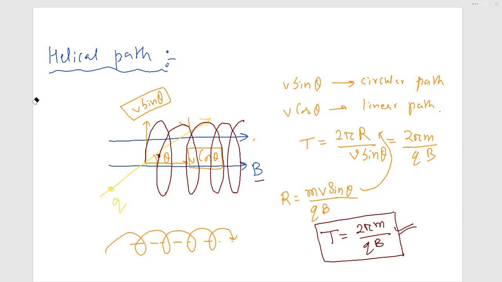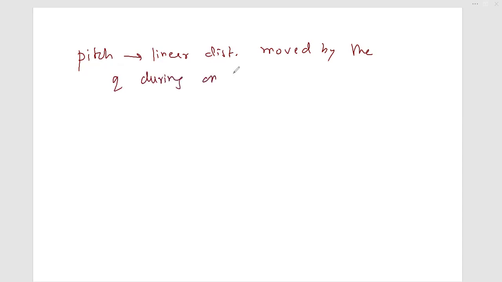So pitch is defined as the linear distance or horizontal distance moved by the charged particle during one rotation.